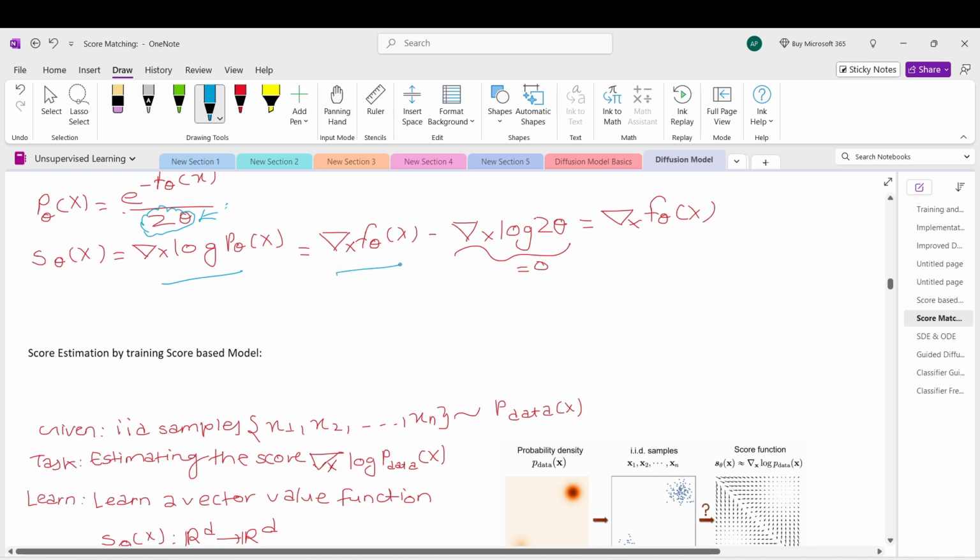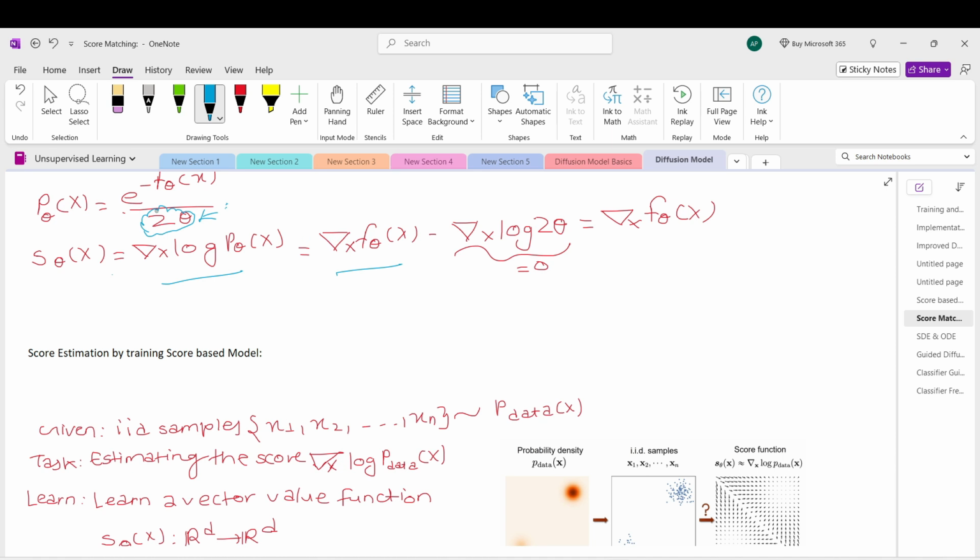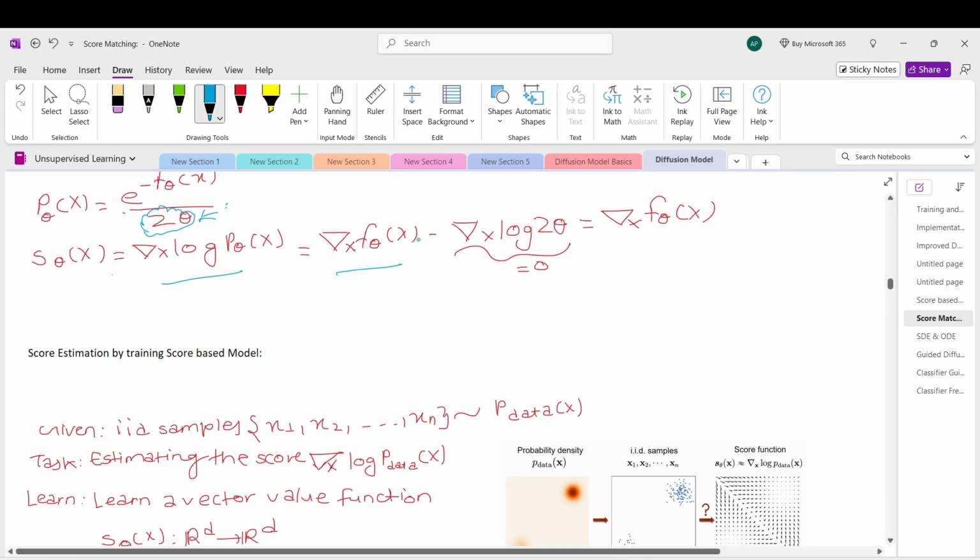Not the gradient of p of x, but the gradient of log of p of x. This is called the score function, and this gives us a quantity which is no longer dependent on this.